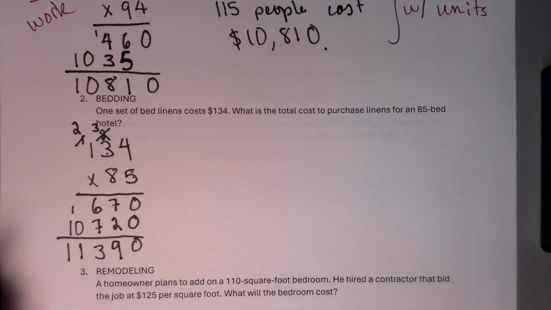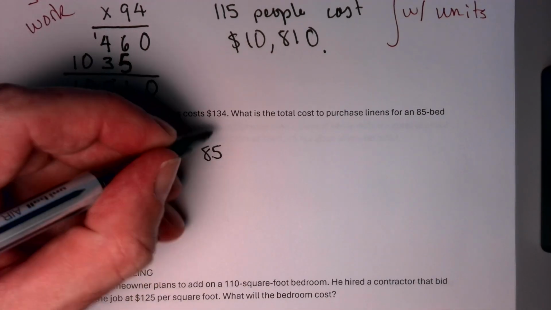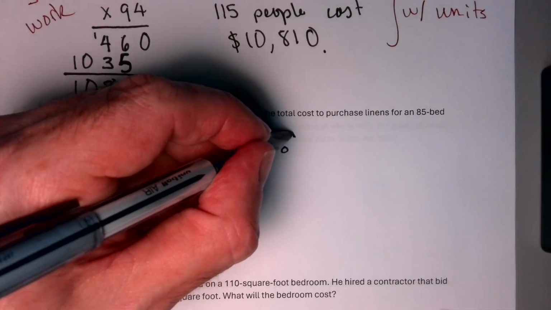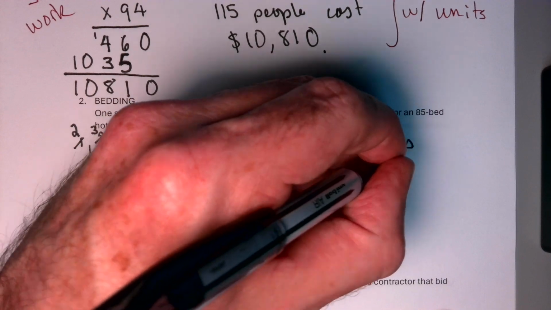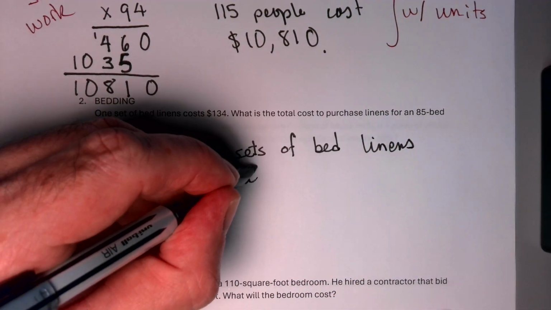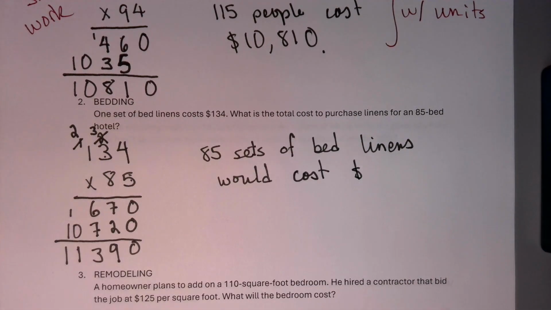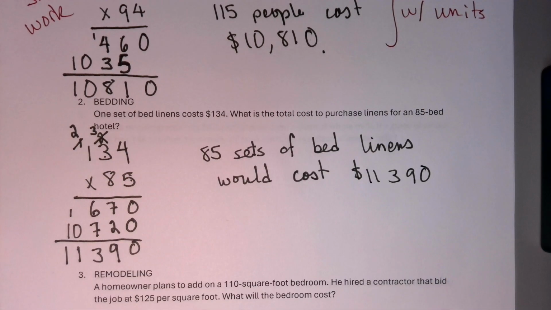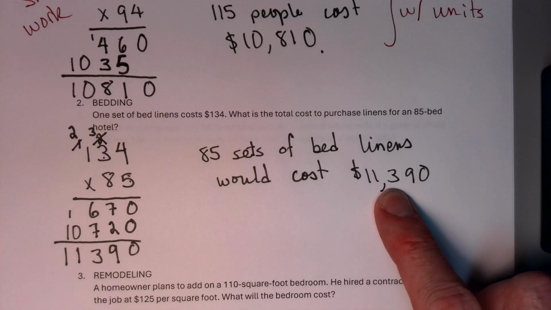So we would say something like this: 85 sets of bed linens would cost, and once again our units in this case are dollars, $11,390, and we can put our comma right there.